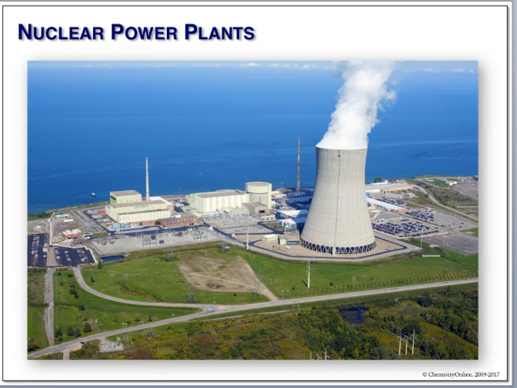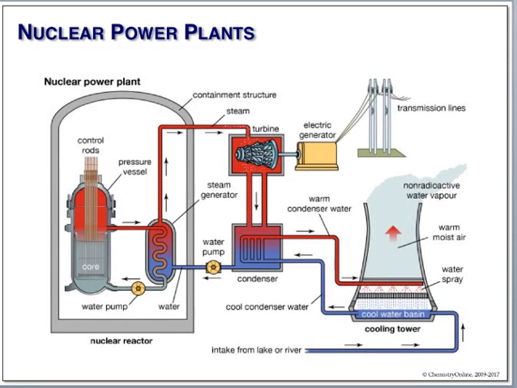Here's a reactor building right here. The way a nuclear power plant works is actually fairly simple. You have the control rods, like I said, you have your core, and you move the rods up and down to control how fast the fission goes.